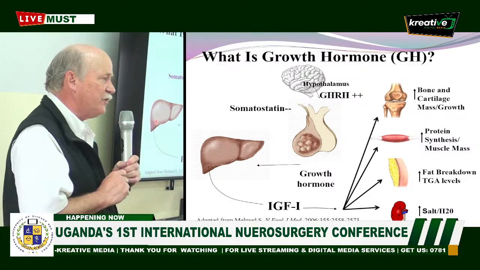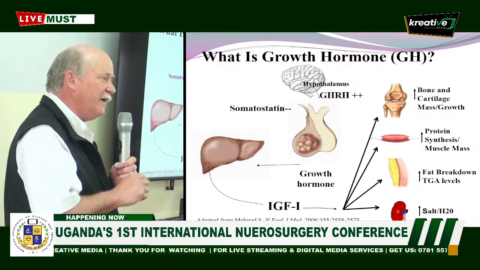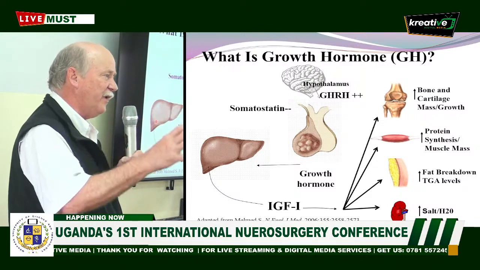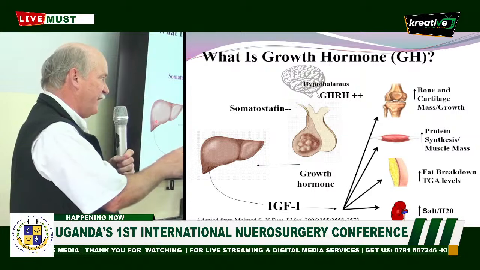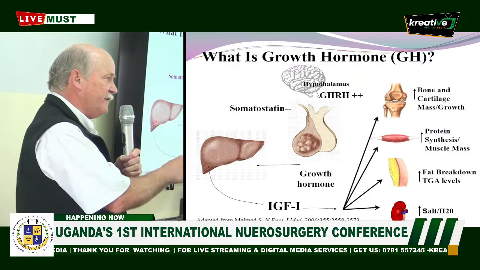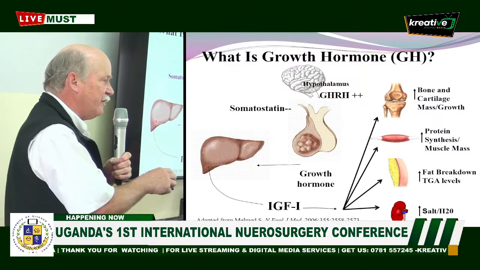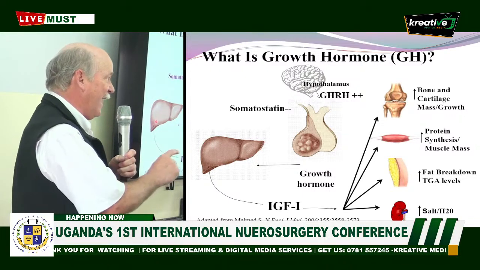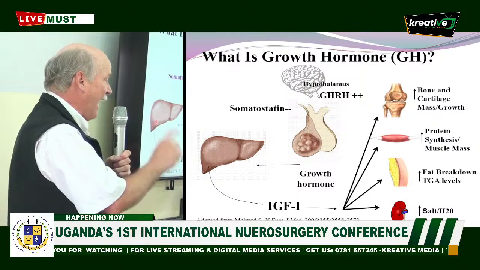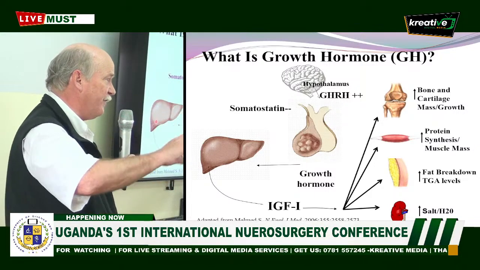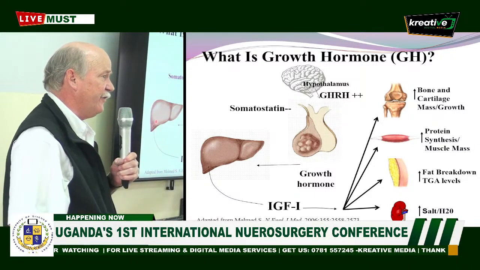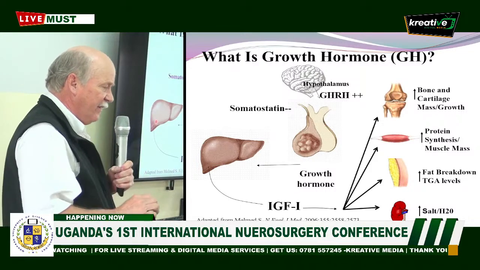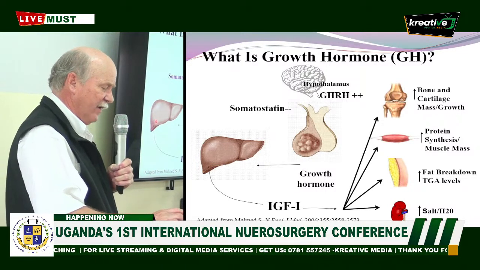It promotes growth hormone secretion, and then it's growth hormone that gets into the blood and actually is processed in the liver. It stimulates a production of what's called insulin-like growth factor, IGF-1. And it's really IGF-1 that's the active hormone. That's what causes all the changes to the long bones, the face, that sort of thing. So it's IGF-1 that's the culprit.